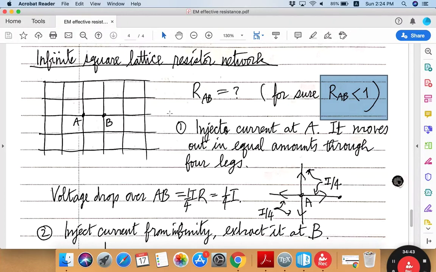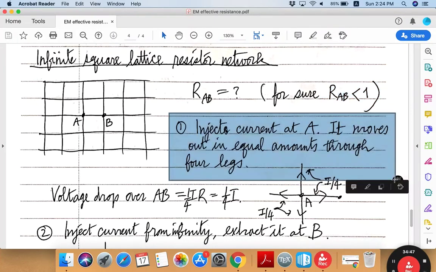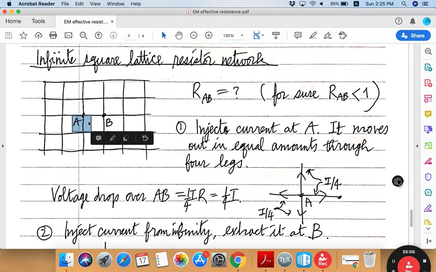But first, let us start with this thought experiment. The first step in the thought experiment is to inject current of amount I through this point A. Okay?